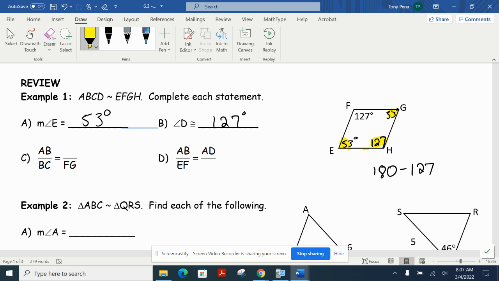So the first thing she said is that H, which is the one that we know, so that's the one that we can look at, has to be the same as D. Because when we have that similarity statement, the way they're ordered is basically saying those, so like the fourth set of angles there have to be congruent. Those are our corresponding angles. So D and H have to be the same. So while we don't know what D is, we do know that H was that 127. And if that's 127, then that means the corresponding angle D would also have to be 127. Okay? Good.